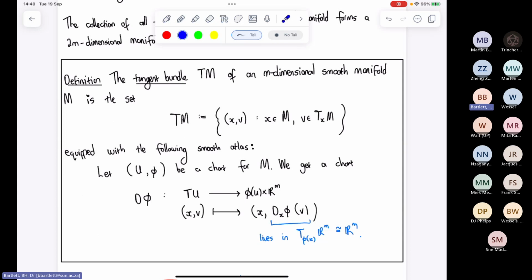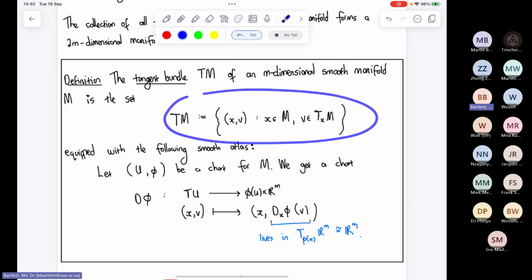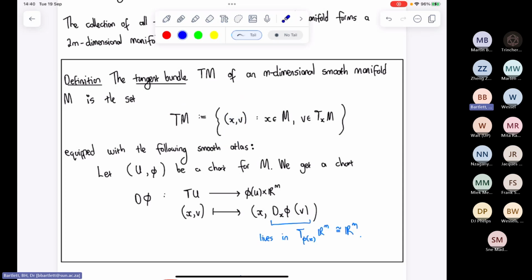So what is this tangent bundle? The tangent bundle of an m-dimensional smooth manifold M, and we write TM for it, as a set, is the set of pairs (x, v), where x lives in M and v lives in the tangent space at x. All right. So that's the set.